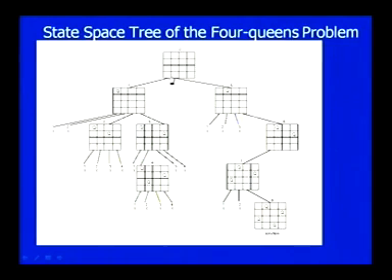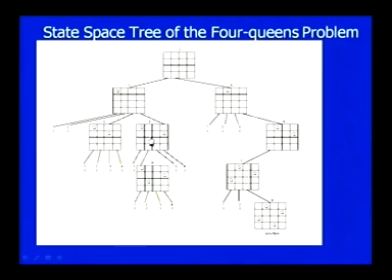Now you can see your state space becomes like this. This is your empty board, and when you place your queen here, it becomes a new node. You are free to place this queen anywhere here. That means these are the various possibilities.